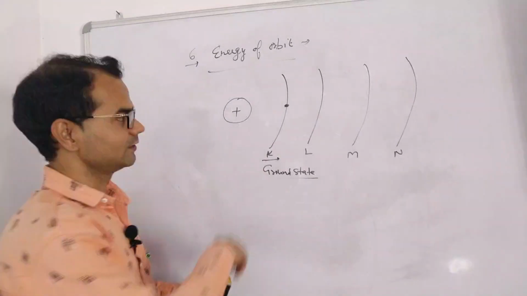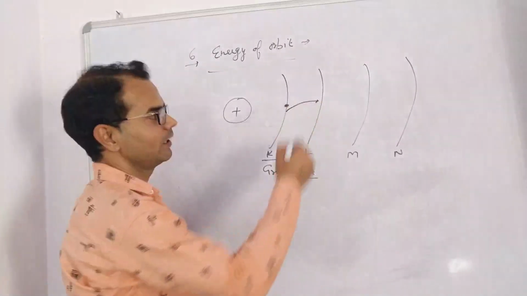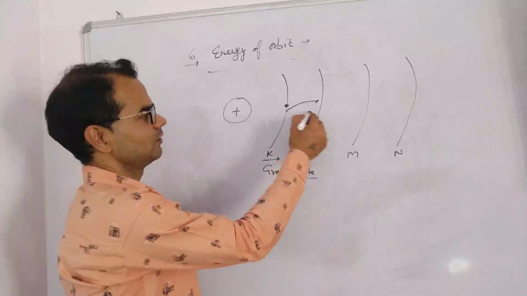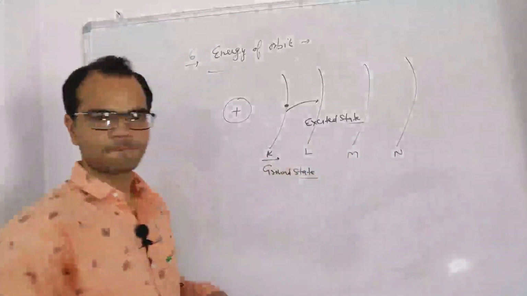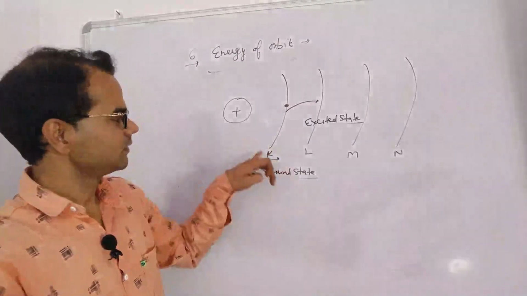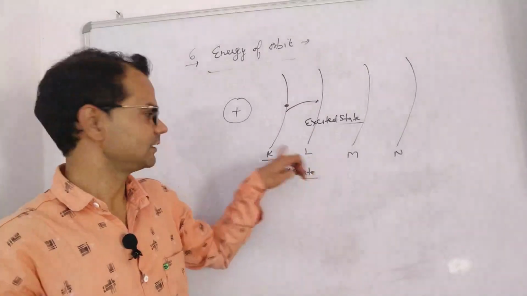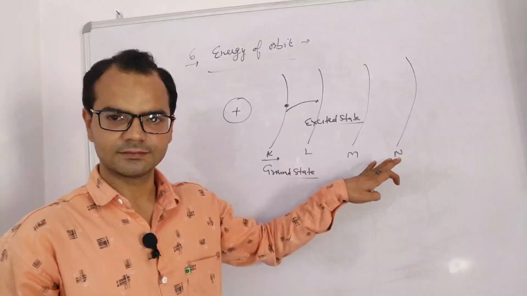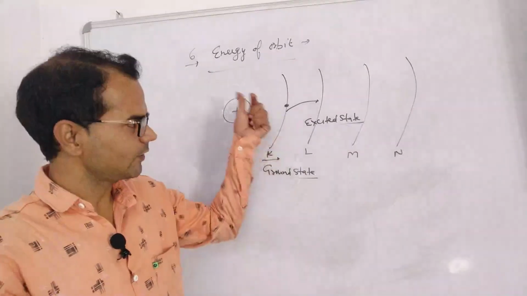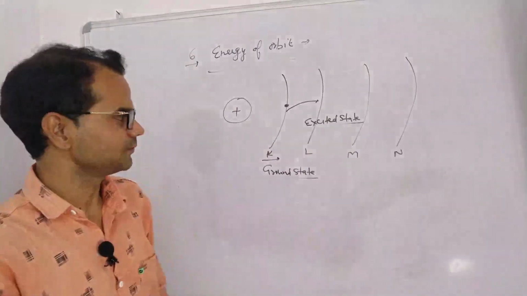Simple. But if this electron goes to a higher energy level, then this is called an excited state. First excited state from K to L, second excited state K to M, third excited state K to N. Easy. Let's find the energy first and then solve some numericals.